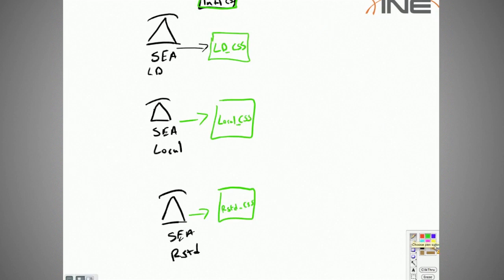Okay, so now I've got partitions. I'll make those orange. Partition.